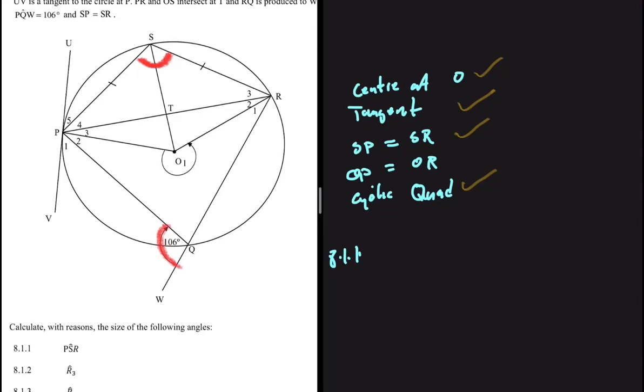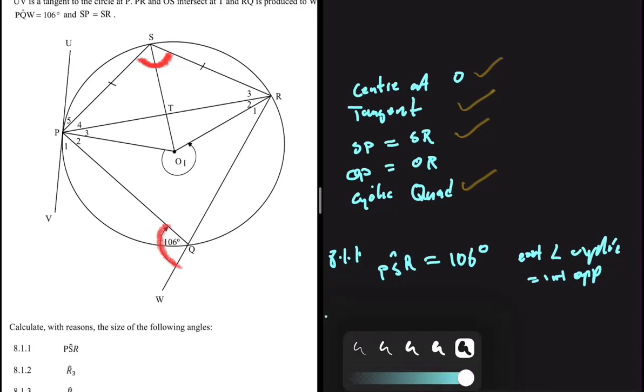An exterior angle of a cyclic quad is equal to the interior opposite angle. So we can say that PSR is equal to 106 degrees. That is because an exterior angle of a cyclic quad is equal to the interior opposite angle.